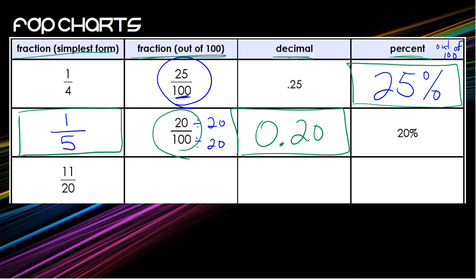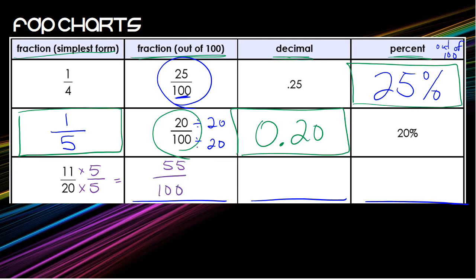And then we have 3 missing spots here. So we have 11 twentieths. And so if we're going to write 11 twentieths as a fraction out of 100, we need to multiply the numerator and the denominator by 5. That's going to equal 55 hundredths.